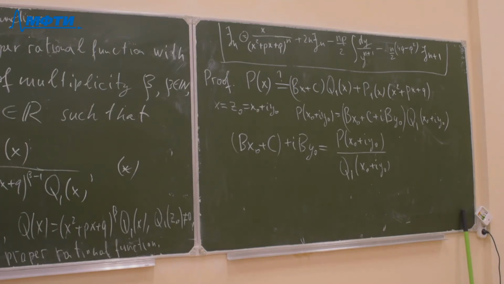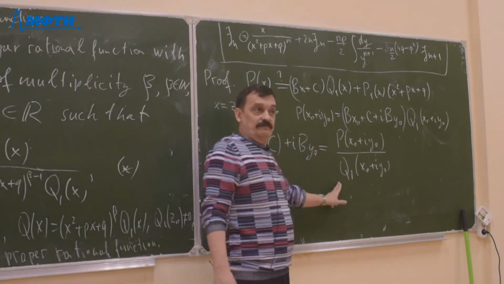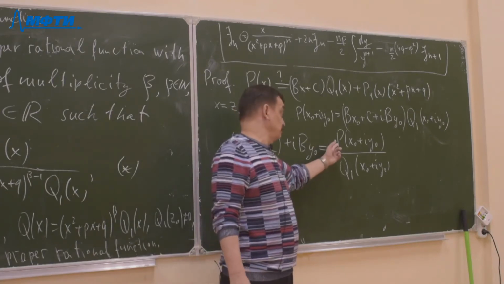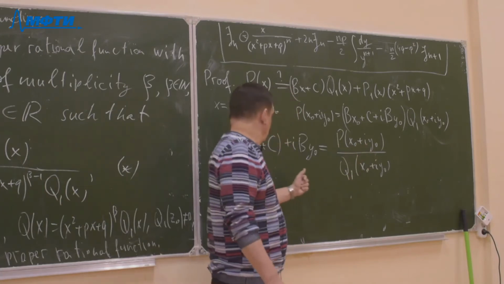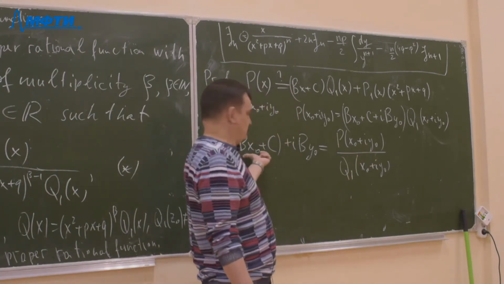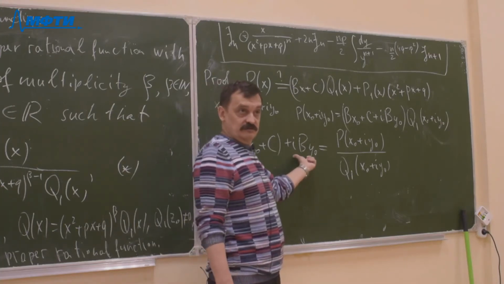And remember, I want to find b and c are real. So that is a complex number, because you substitute into the real polynomial complex number, right? And now you see, this is real, and this is pure imaginary.